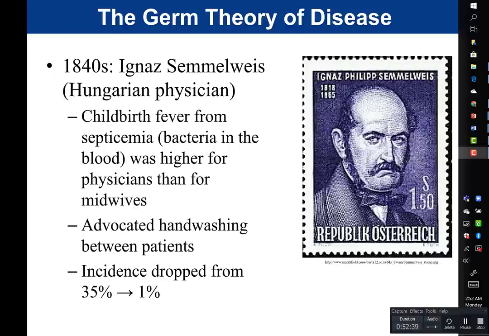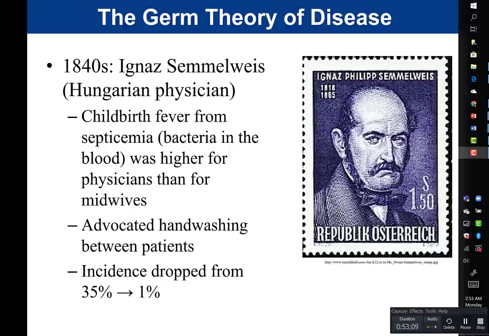And he wondered, why was it that when these midwives delivered the babies, the incidence of childbirth fever was less than if the physicians were to deliver the babies? And so this childbirth fever results from what's called septicemia, which is bacteria in the blood. And so he noticed that the doctors had this higher incidence of this childbirth fever.